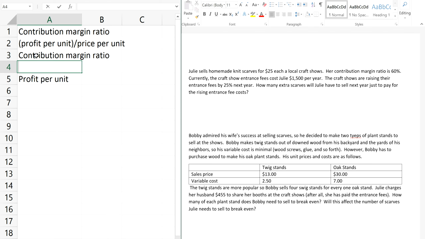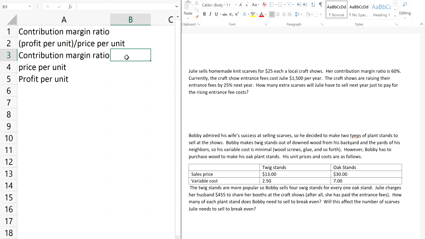All right, so the profit per unit will be 60% of $25. So the profit per unit is going to be $15.